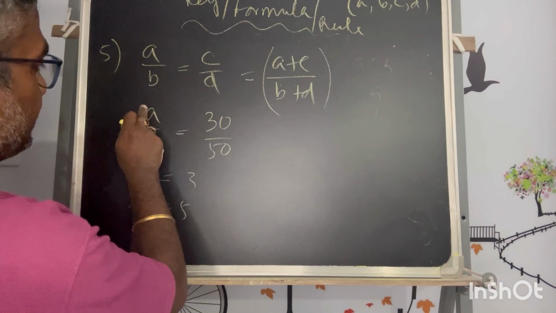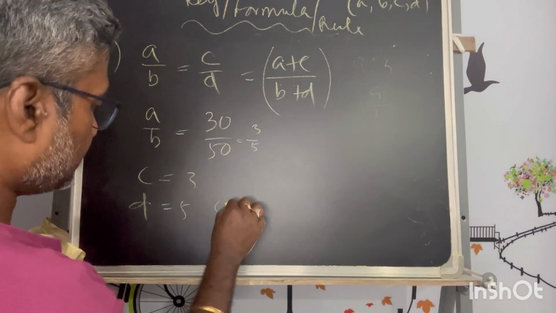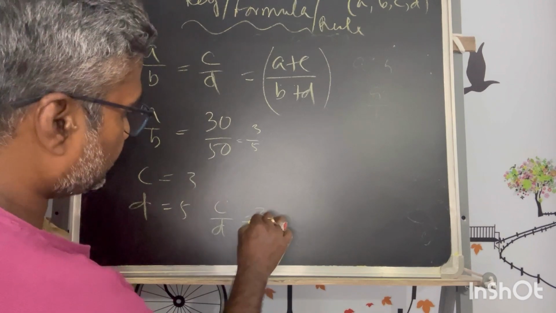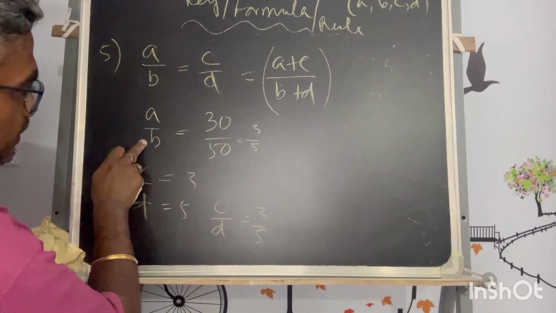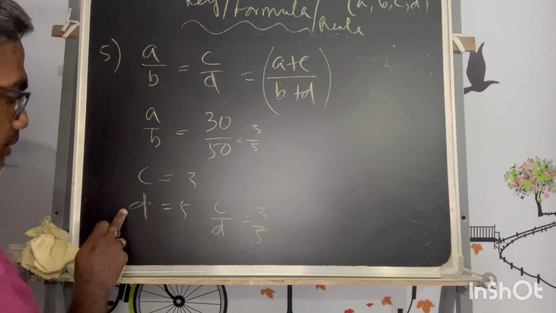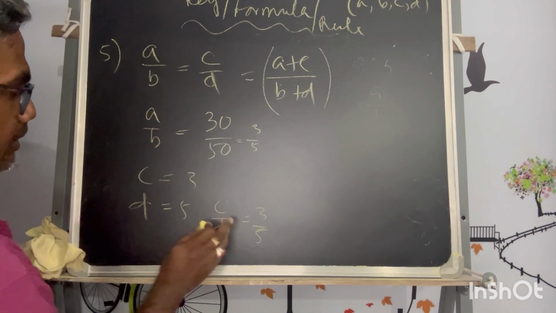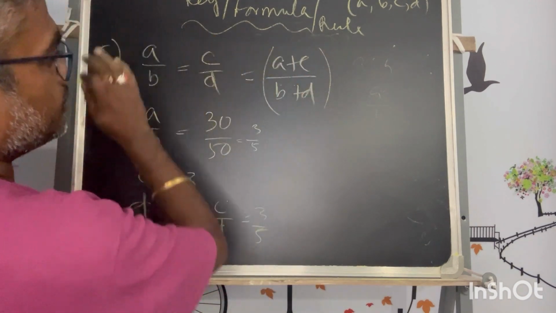That means a by b is a ratio of 3:5 and c by d is also a ratio of 3/5. So if a by b and the numbers we are adding match in ratio, then only we can add and get the same ratio.